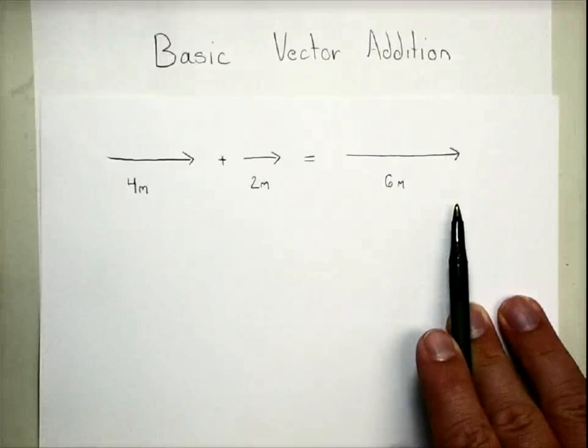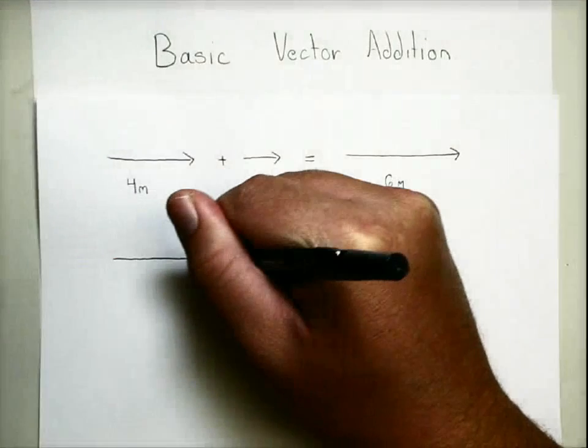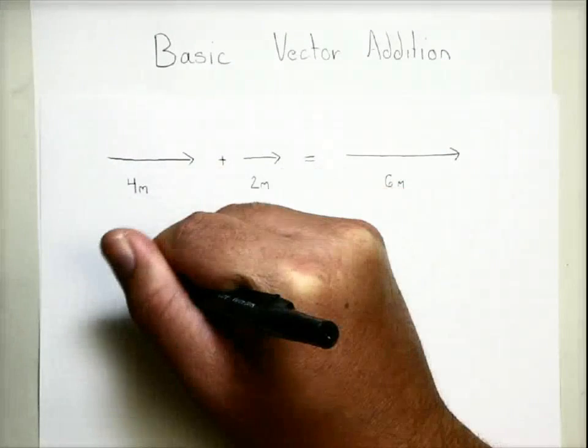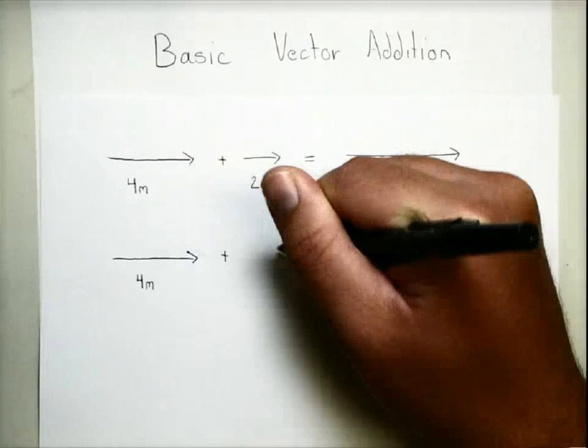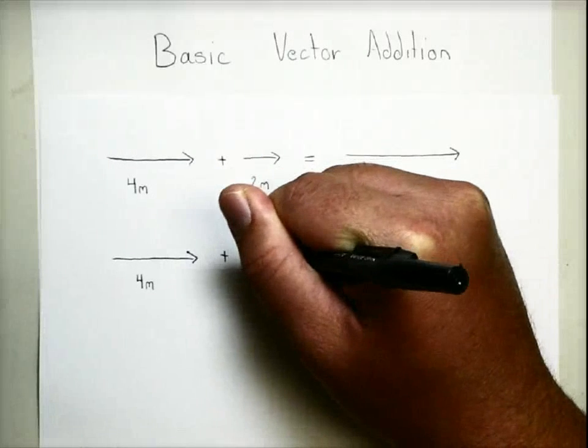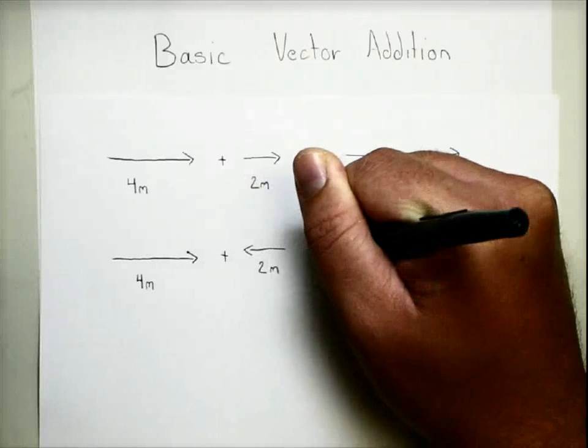Now, let's make this more complicated because, hey, this is physics class. That's what we do. Let's take that same 4-meter vector, and this time let's add to it a 2-meter vector in the other direction.